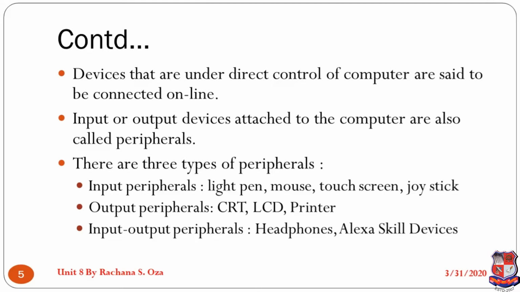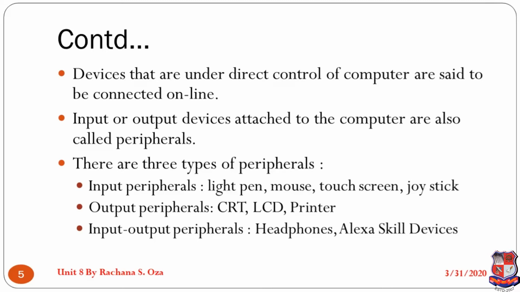The other class of peripheral device is output peripherals. These are the devices where some sort of output you can see, whether in the form of audio or video. Let us take a few examples. The control terminal, LCD display and a printer. One can put a speaker over here as well.